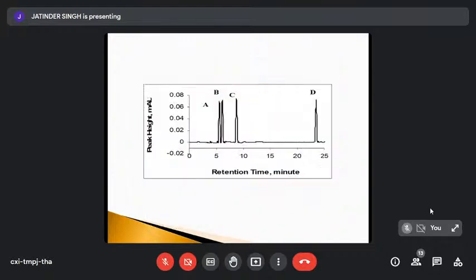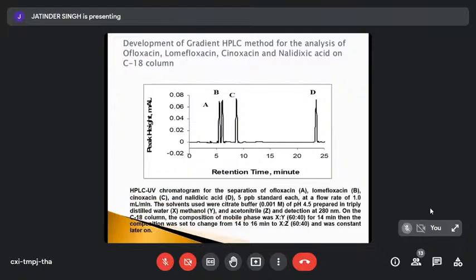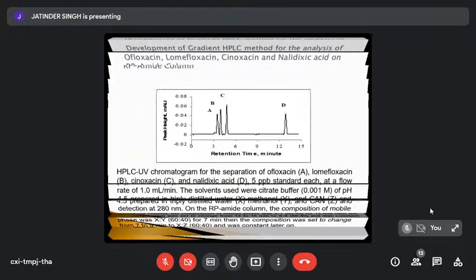This is the solvent front, and all these fluoroquinolones were analyzed. Like ofloxacin, which is used as an eye medicine. Nalidixic acid is used for stomach pain. All these fluoroquinolones are used as antibiotics.